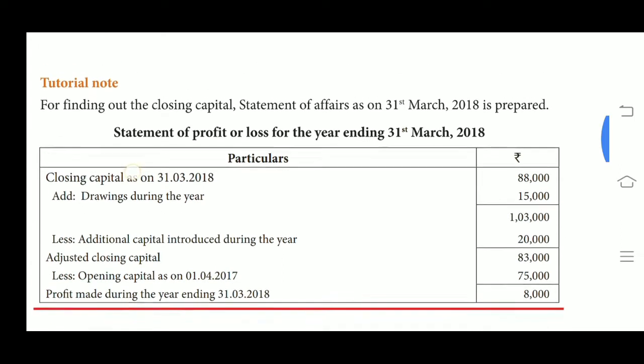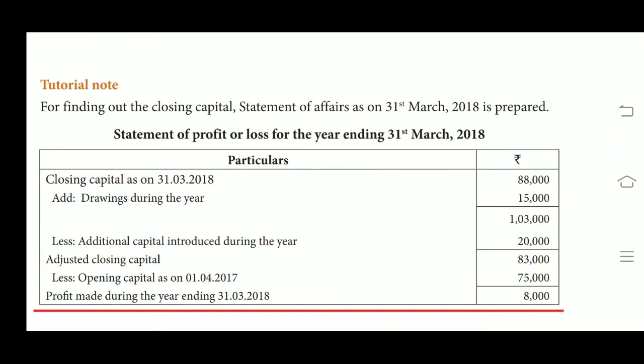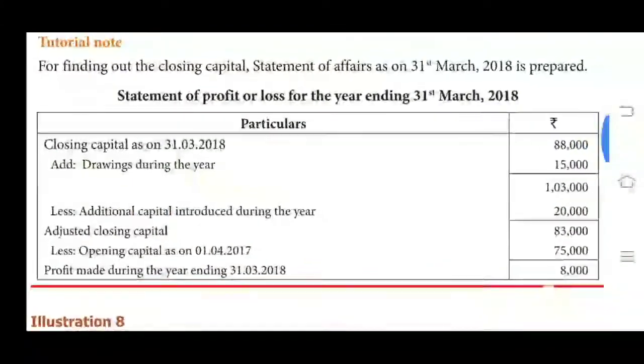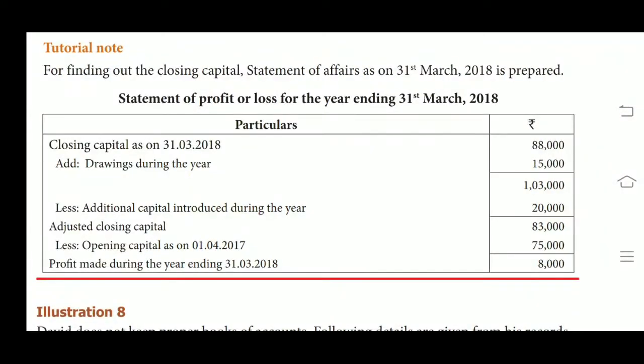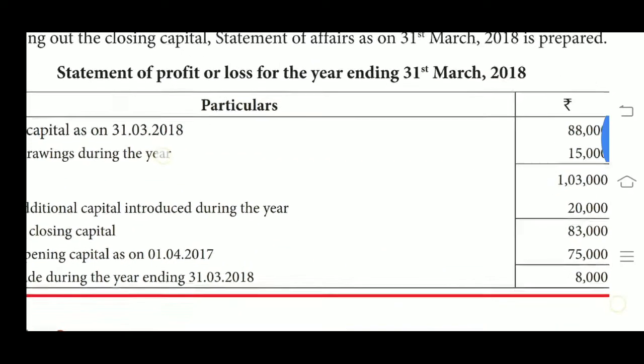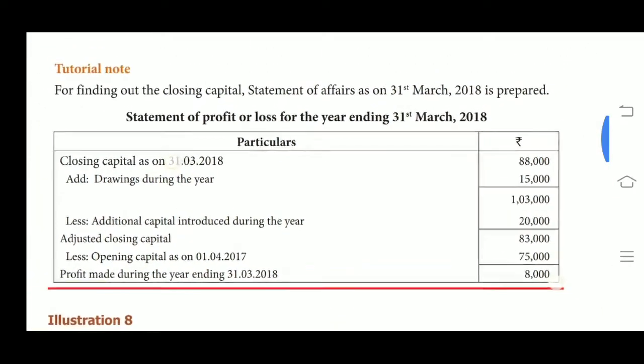This value is known as adjusted closing capital. And the last step, ascertain the profit or loss by subtracting opening capital from the adjusted closing capital. So when we adjust and see, the result is 8,000. This value is known as profit.